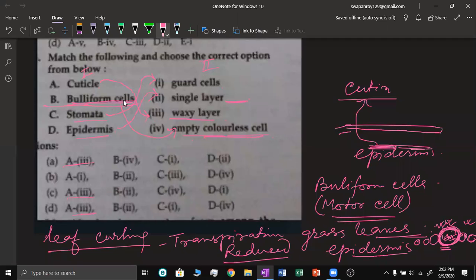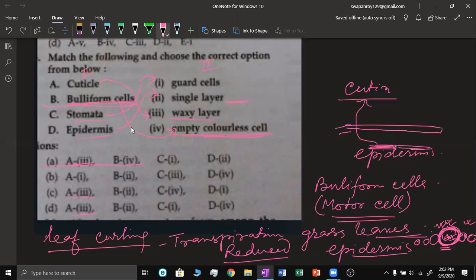B is bulliform cell, B with 4, empty colorless cell. So B4 is in this one. So naturally you decide 2 is correct, which means this will be the one. C is 1, of course it is 1.